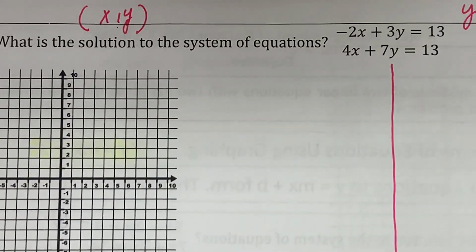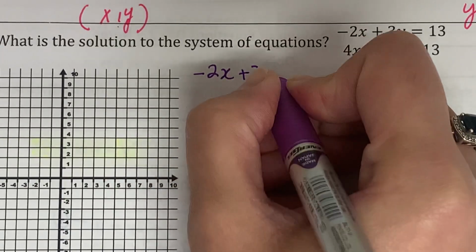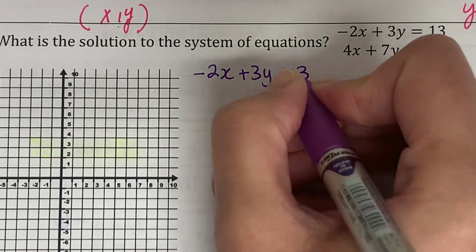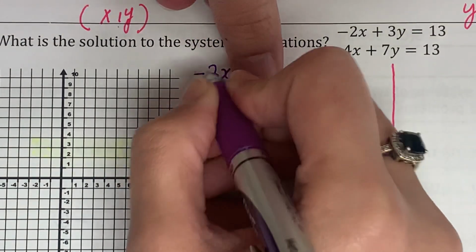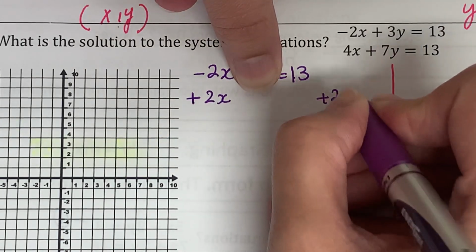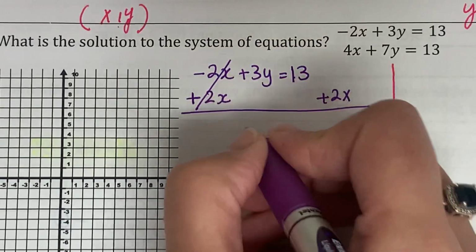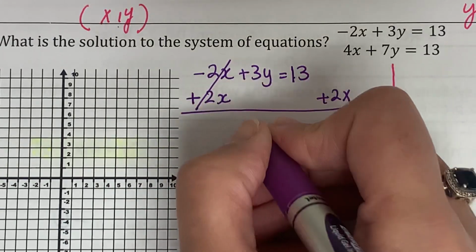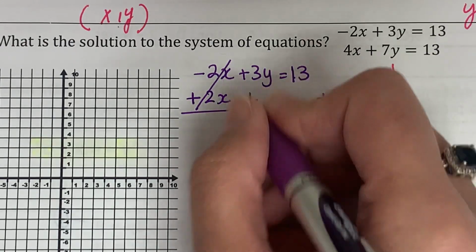First, write your first equation, which is negative 2x plus 3y equals 13. I need the y. This is minus 2x, so you're going to do the opposite this time, which is plus 2x. Cancels out. 2x minus 2x is 0. You bring down the 3y.